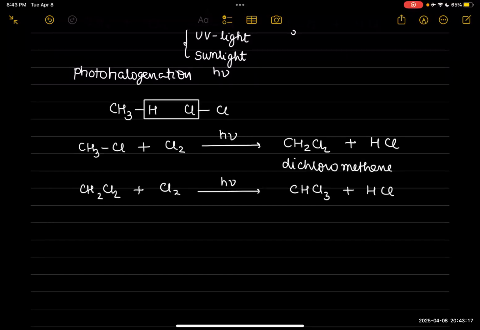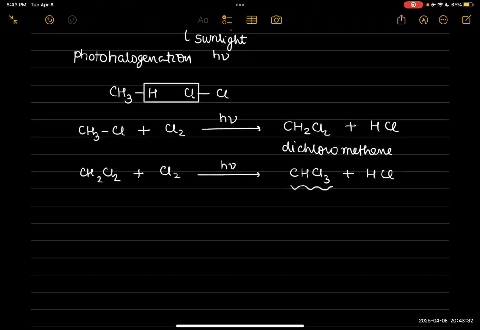Is that clear? What is the name of this compound? The same approach you can follow. There are 3 chlorine on one carbon. Trichloromethane.